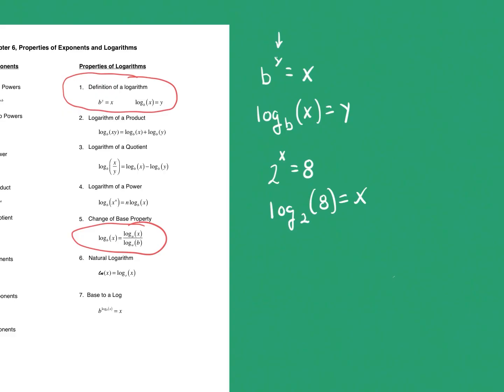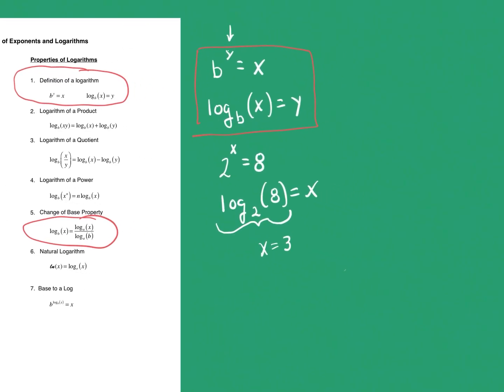We probably don't know how to do log base 2 in our calculators yet, but we will by the end of today. We could solve this and find out that x equals 3, which you probably already figured out. Okay, so the first property is just using our definition of a logarithm, just being able to rewrite these two things in 2 different ways.